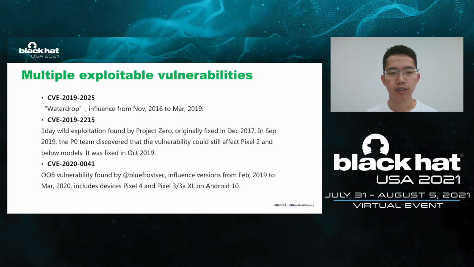In fact, the Binder module has always been a hot topic for security researchers. Since the Waterdrop vulnerability, multiple bugs have been found in the Binder driver. For example, the Project Zero team found one in 2019 and the Blue Frost Security team found one in 2020.